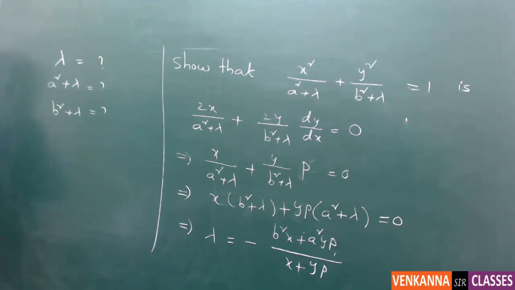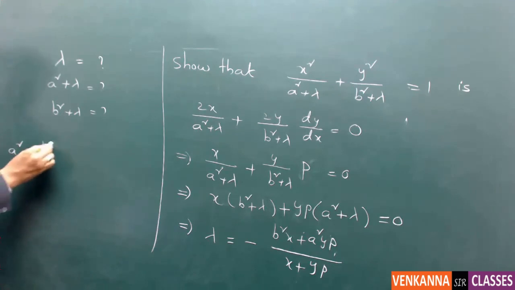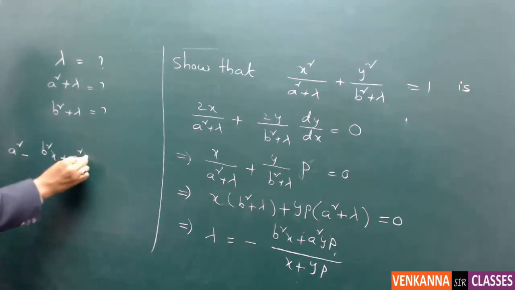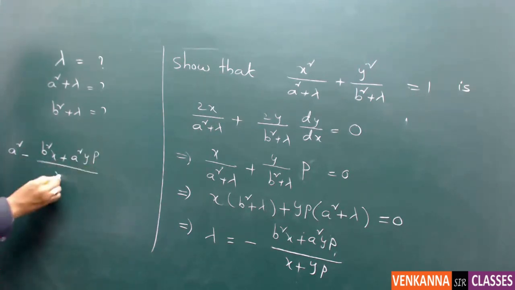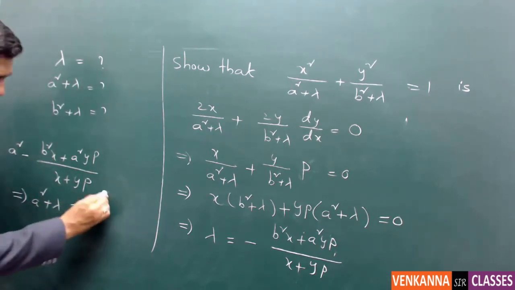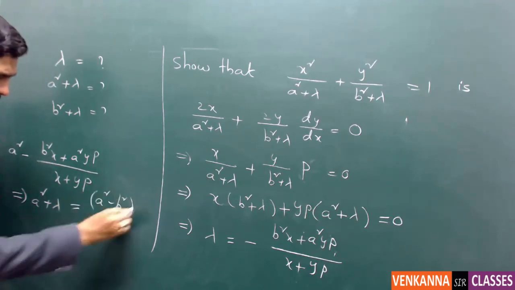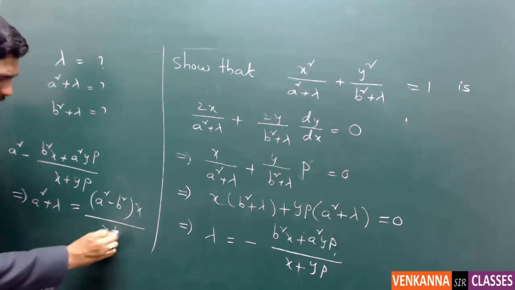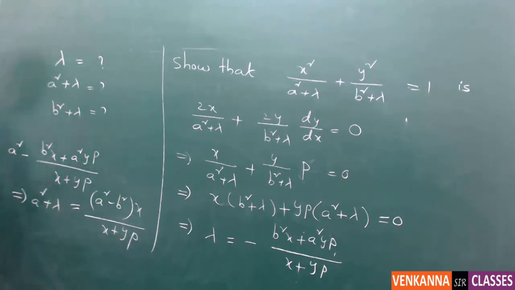Right. Now, let us find these two values. So a square plus lambda is nothing but a square minus b square x plus a square yp by x plus yp, which gives that a square plus lambda is equal to, please check that.